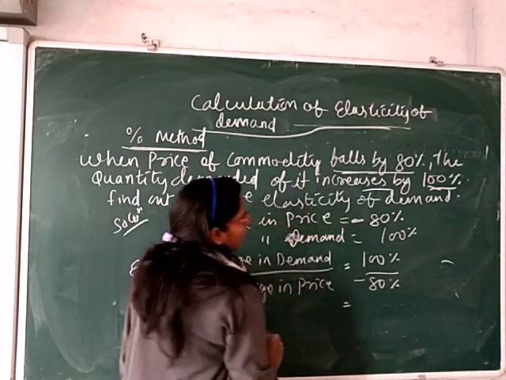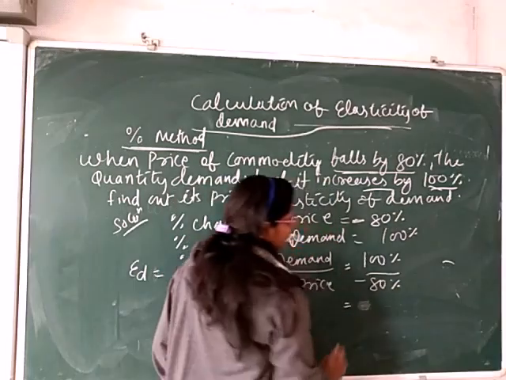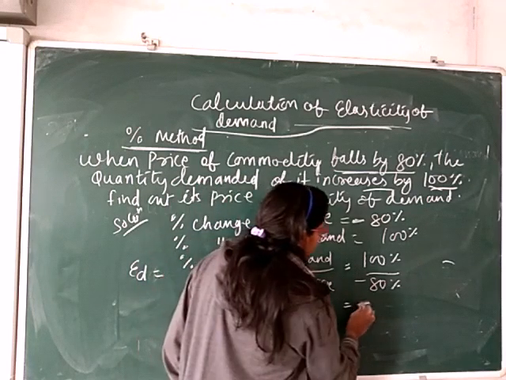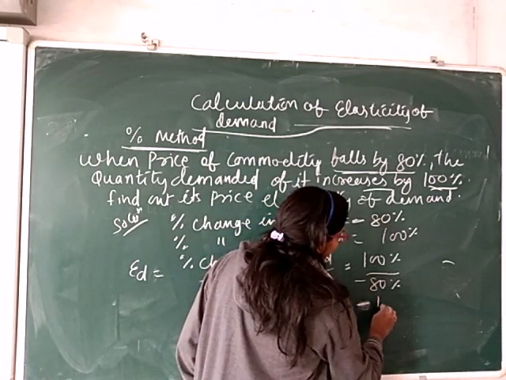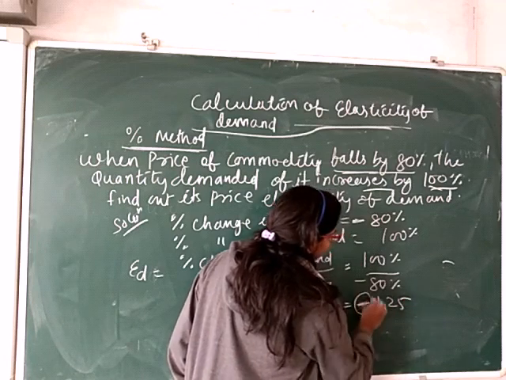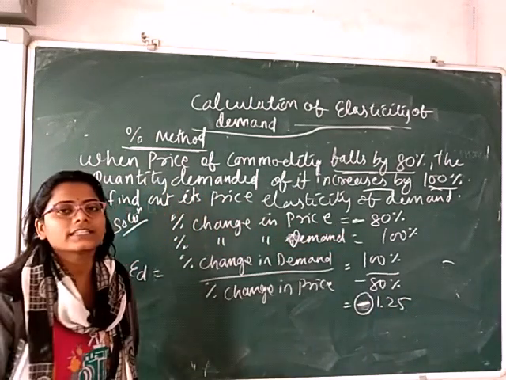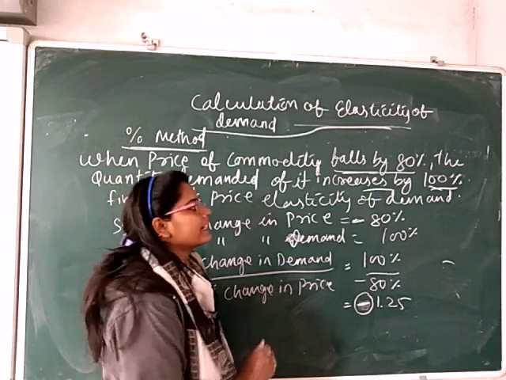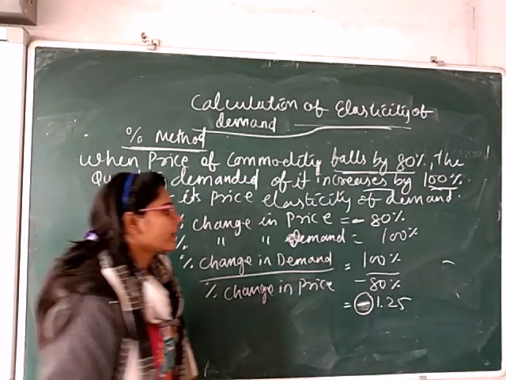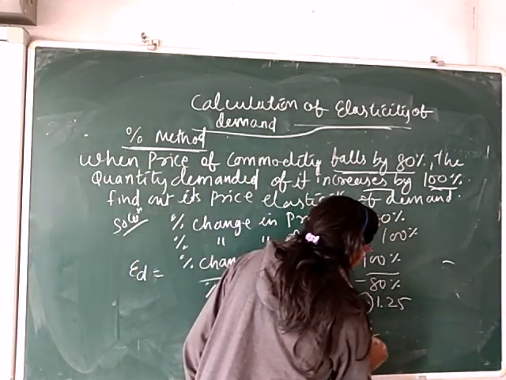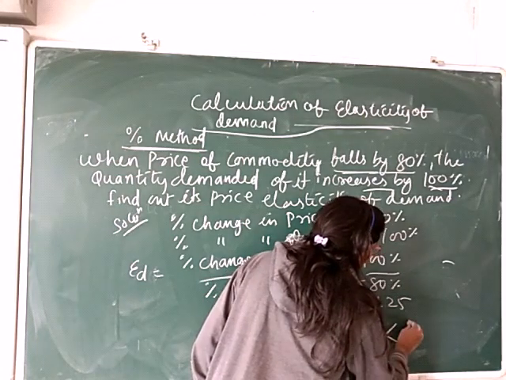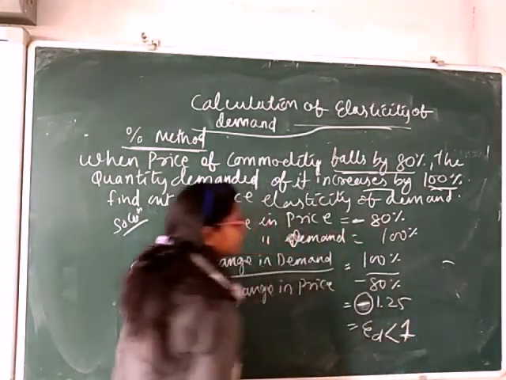So here the answer will be minus 1.25. The minus sign indicates that there is an inverse relationship between price and demand of the commodity, and here we can say that elasticity of demand is greater than 1.